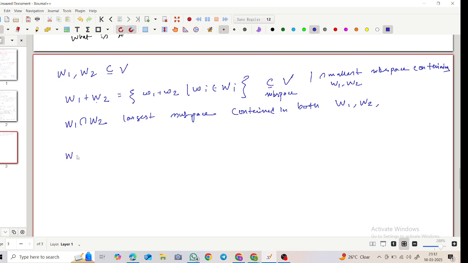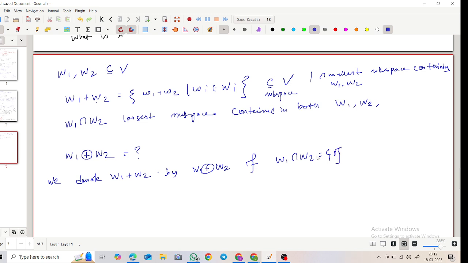What does this notation mean? We denote W1 plus W2 by W1 direct sum W2 if W1 intersection W2 is 0.